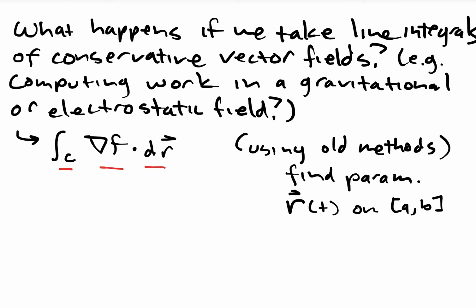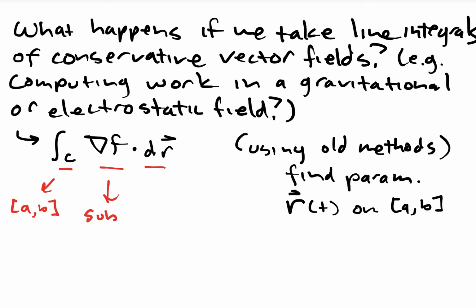Okay, fix my bounds, fix my function, fix my differential. Now this guy would have to turn into using the bounds a, b. Here you would actually have to either be given this vector field outright, and then you could substitute in your parameterization, or you would have to take that gradient yourself and then substitute in your parameterization.